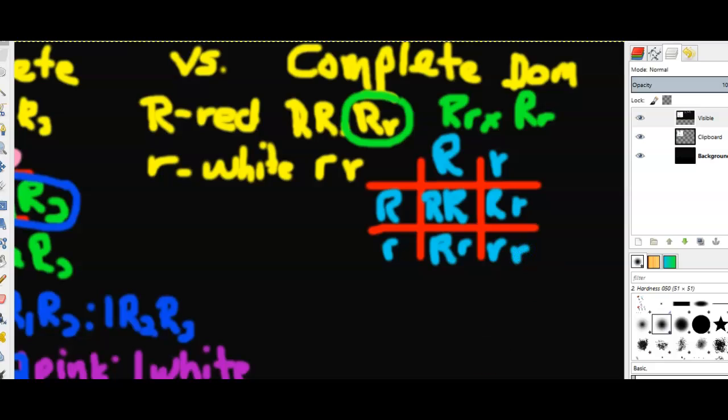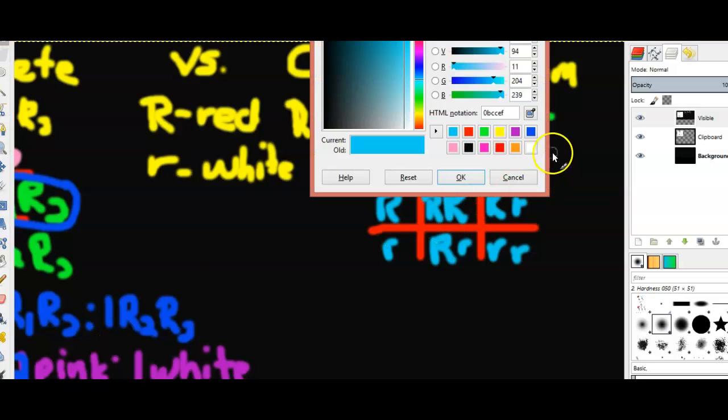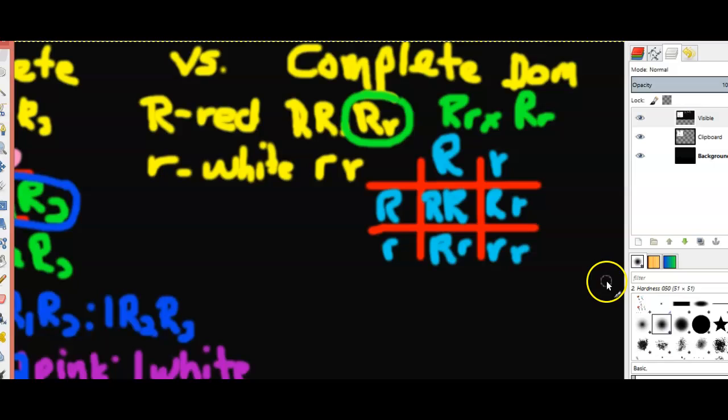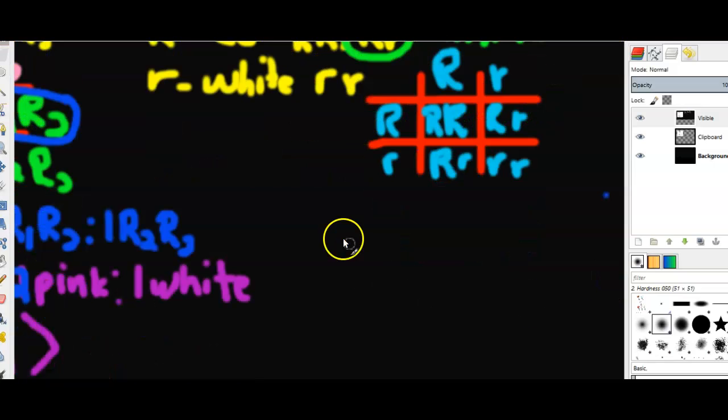And then let's come up with our phenotypic ratios and our genotypic ratios. In this case, our genotypic ratios, let's put that line here.